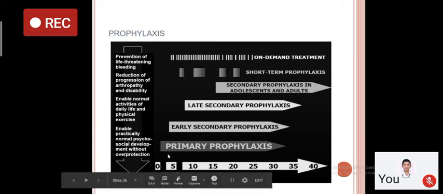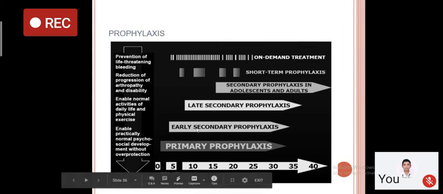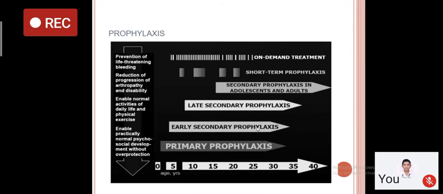Primary prophylaxis is one in which there is the onset of prophylaxis or onset of management without the onset of a single bleed itself. And early secondary prophylaxis is after the first bleed. If we start the patient on prophylaxis here, the joint, though it's involved, has no permanent deformities or changes.